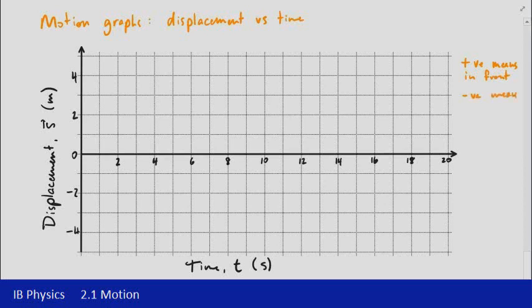So that just clarifies what the positive and negative directions are here. Could be to the left or to the right or up or down, depends on what the scenario is. We're going to use positive means in front, negative means behind.